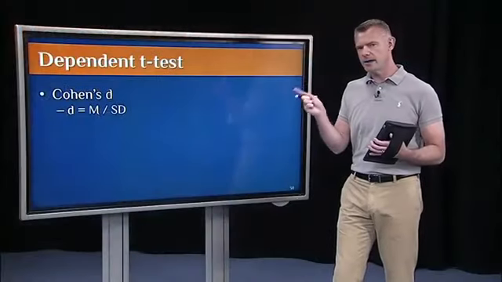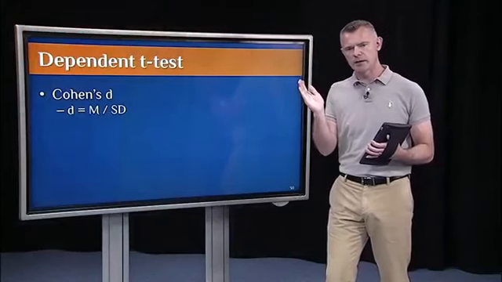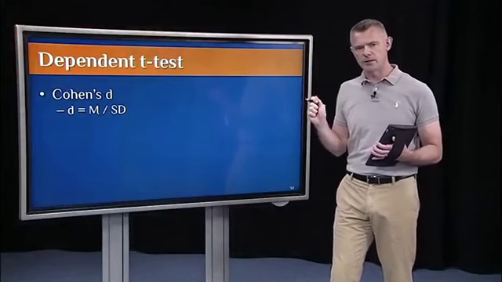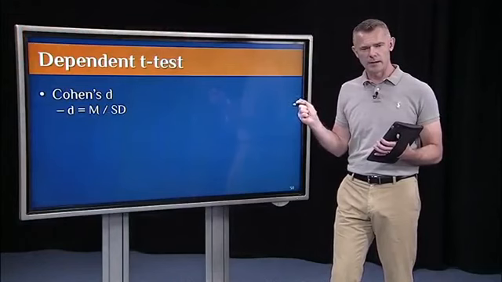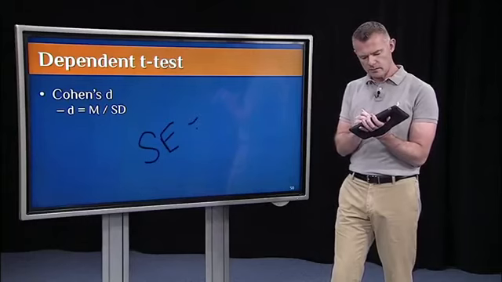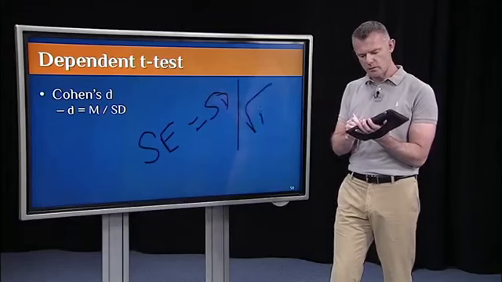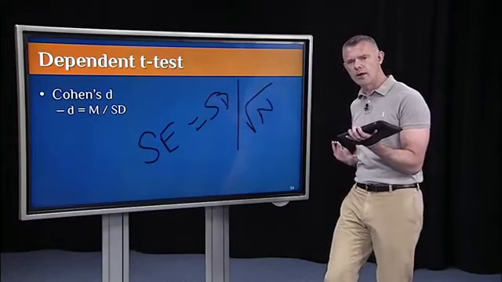So notice the slight difference between t and d. For t we're dividing by standard error. Here we're dividing by standard deviation. Why is that? Well, standard error, if you remember, is the standard deviation over the square root of n. So it's biased by n.